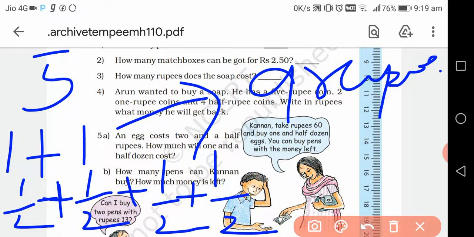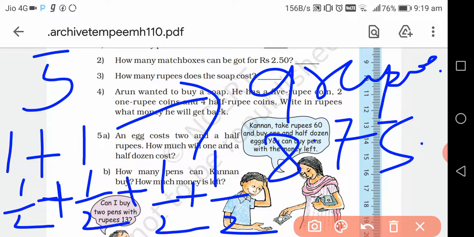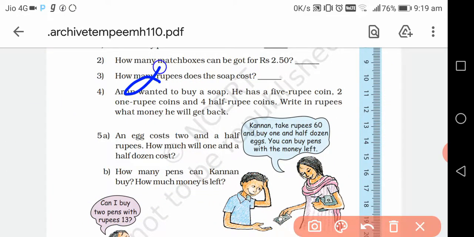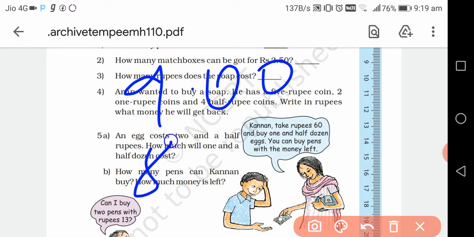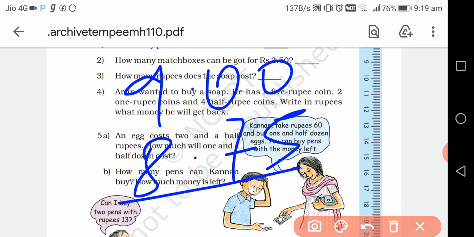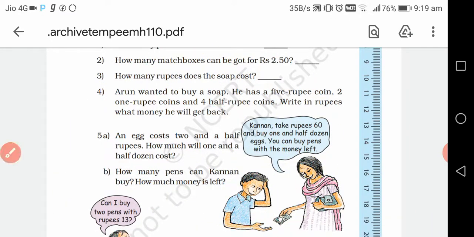And the price of the soap is 8.75. So write in rupees what money he will get back. 9.00 minus 8.75 is equal to 0.25. So he will get back 0.25 rupees.